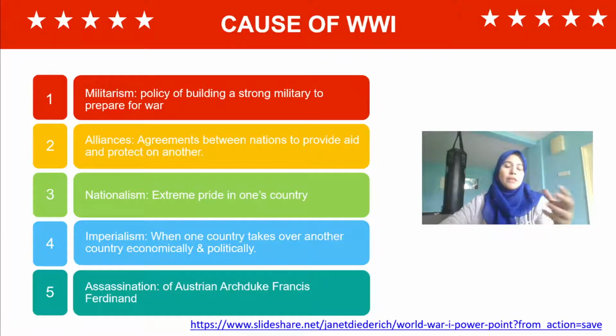Alliance, whereby the nations or countries have agreements, and then nationalism, extreme pride of one's country that our country is better than others. And the fourth one is imperialism, whereby one country takes over another country economically and politically, and of course the trigger is due to the assassination of Austrian Archduke Francis Ferdinand.